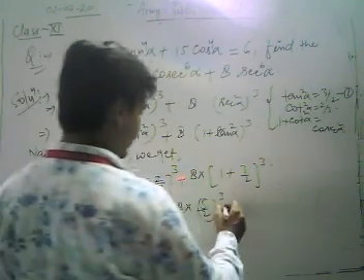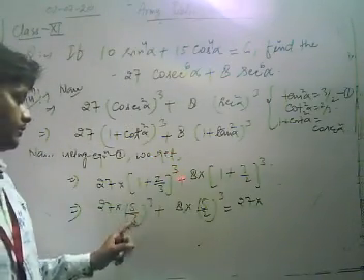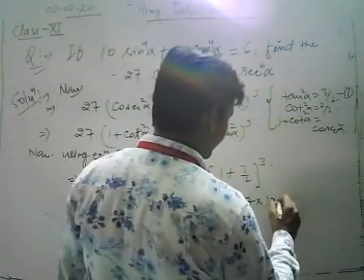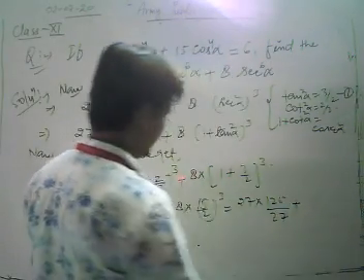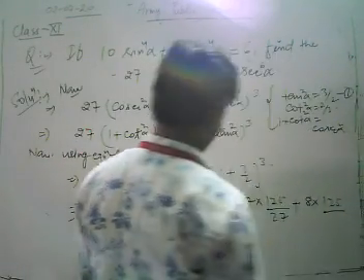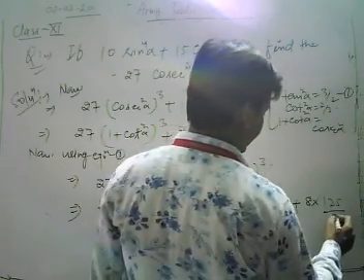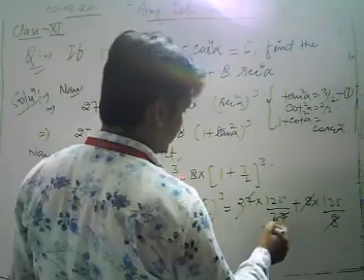Now after solving it, 27 into the cube of 5 by 3 is 125 upon 27, plus 8 into 125 upon 8. 8 cancels out and 27 cancels out.